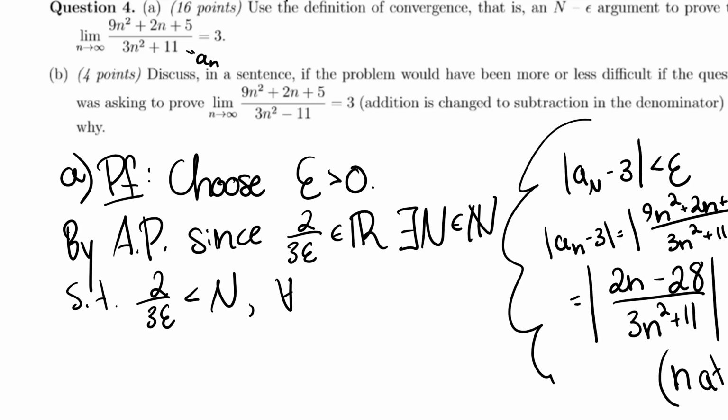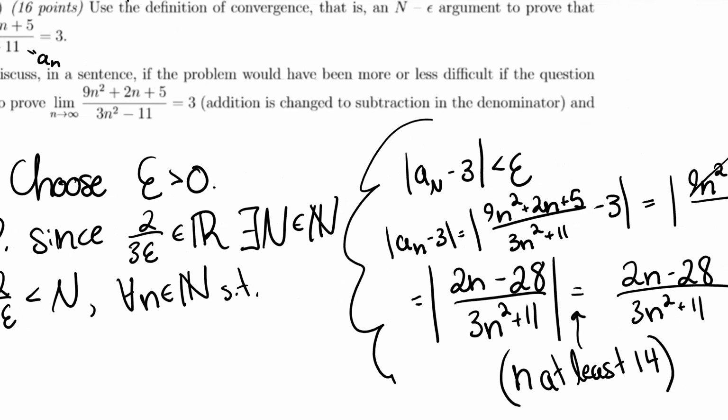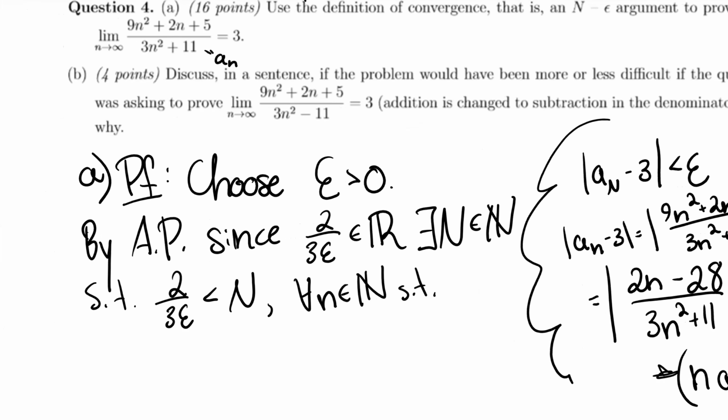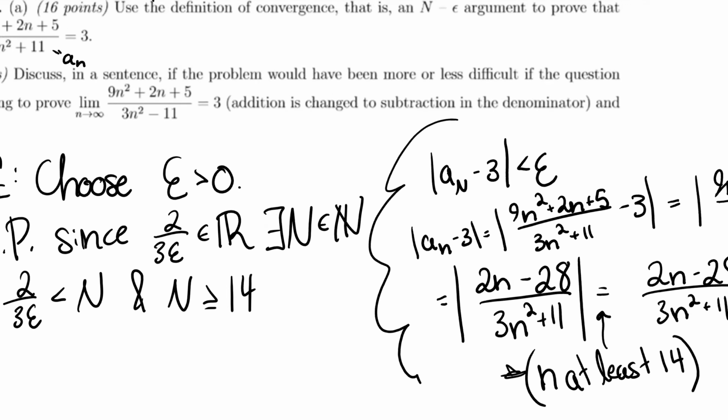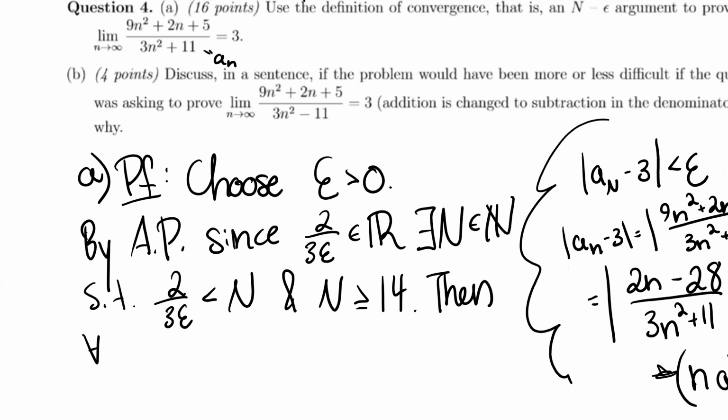Oh, wait! I almost forgot this piece. So there exists an N in the naturals such that N is bigger than that thing and capital N is bigger than or equal to 14. Is that what I said? Yep.